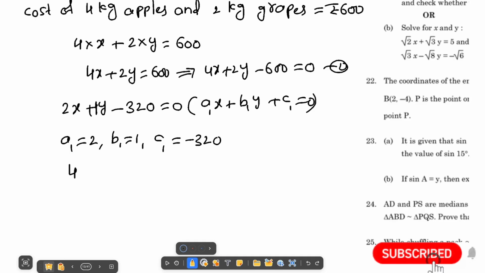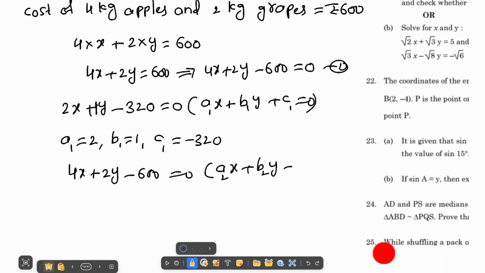Now let's take the second equation. What is the second equation? 4x plus 2y minus 600 equals 0. Let's compare with the second general linear equation, a2x plus b2y plus c2 equals 0.